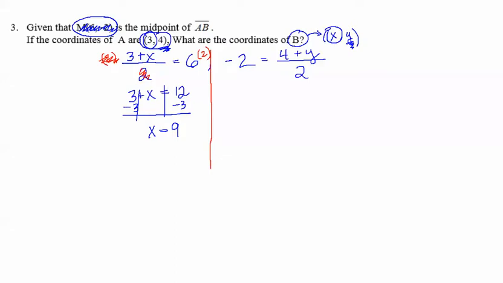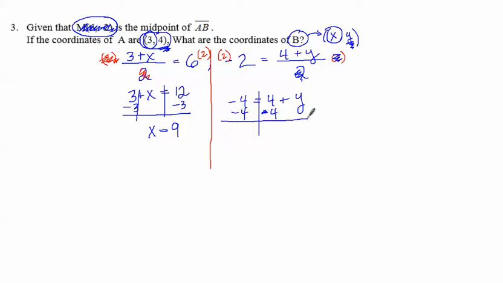Same thing on the other side, times 2 and times 2. This 2 is used up to cancel out that one, so we have 2 times negative 2 is a negative 4. And the numerator is what remains, 4 plus y. When we solve this, we need to subtract this 4 that's here with the y.